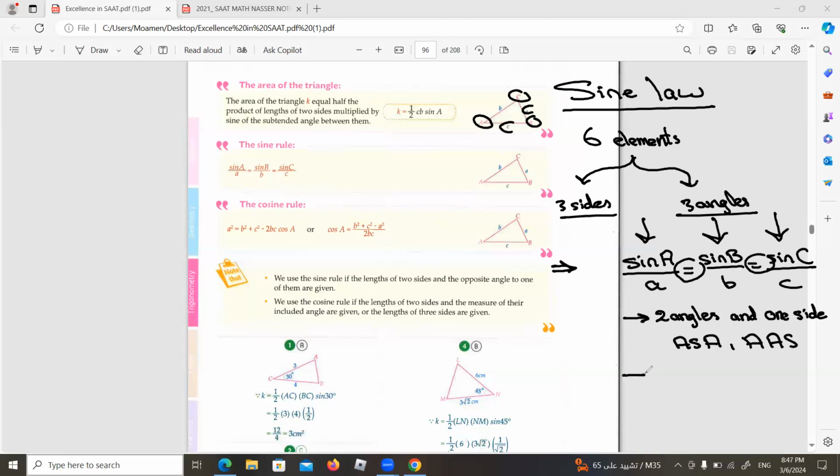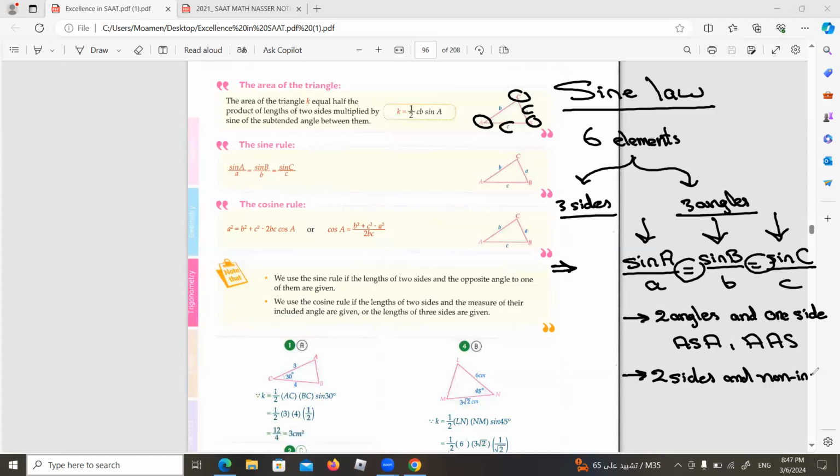Mister, what is the second case? The second case: if he gives me two sides and a non-included angle. So he gave me the length of two sides and a non-included angle.